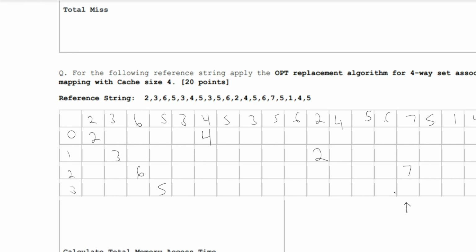Put 7. Then 5 will be a hit. 1 is going to miss. We're using 4, we're using 5, so it's either this or this again. That's a tiebreaker. Take whoever came first, so that's this. So put 1 here, and then hit, right?